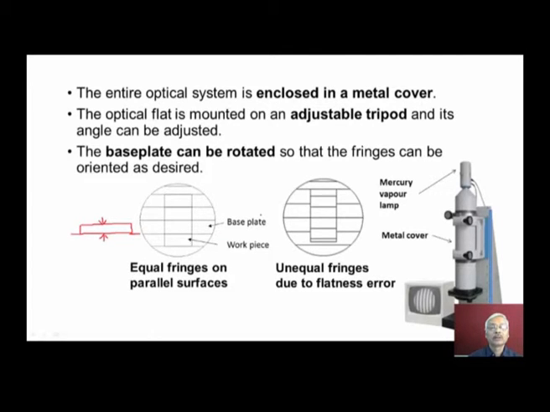If the workpiece surface is not parallel, now we can observe here that this surface of the workpiece or the gauge is not parallel to this, then the number of fringes obtained will be different from the number of fringes obtained from the base plate, which indicates that the two surfaces of the gauge workpiece are not parallel.